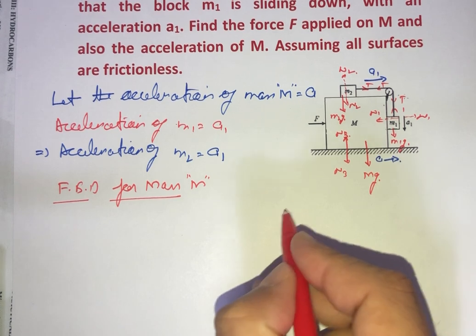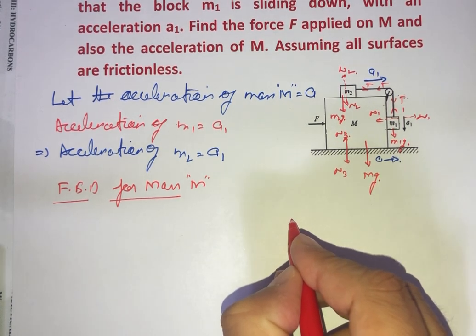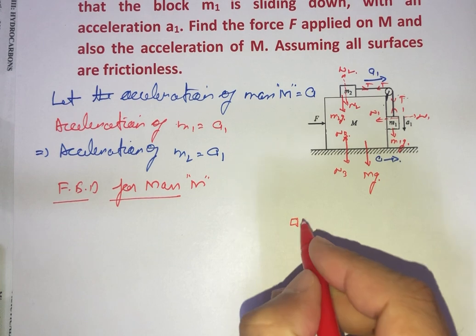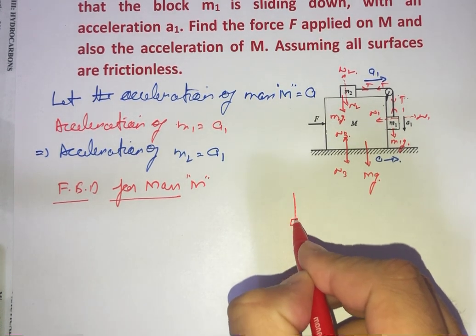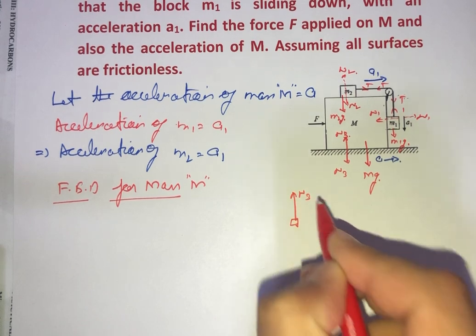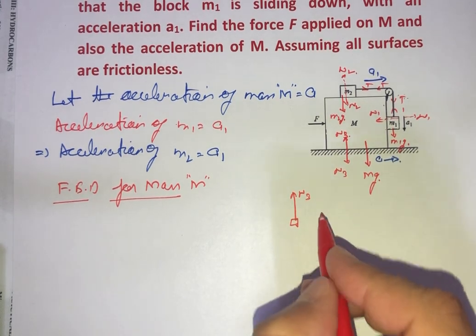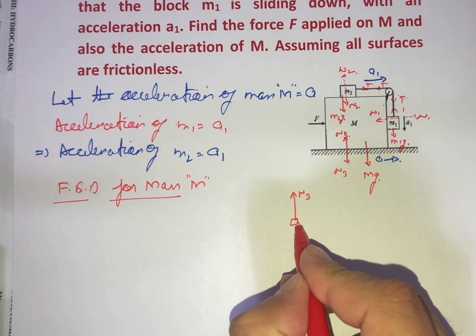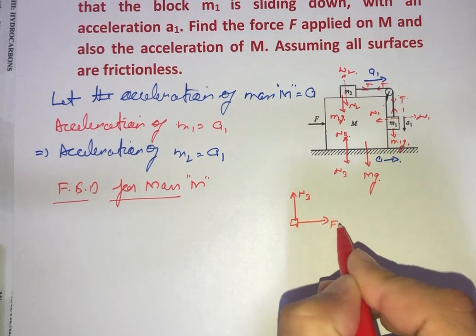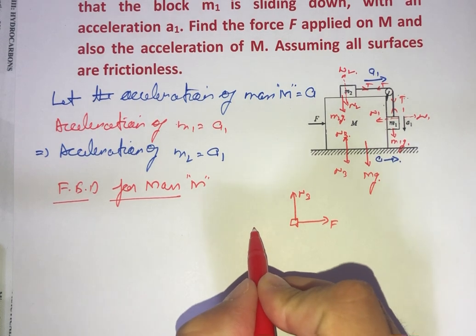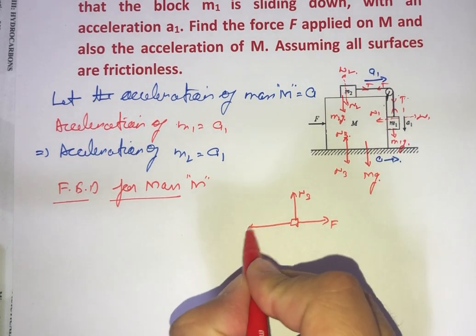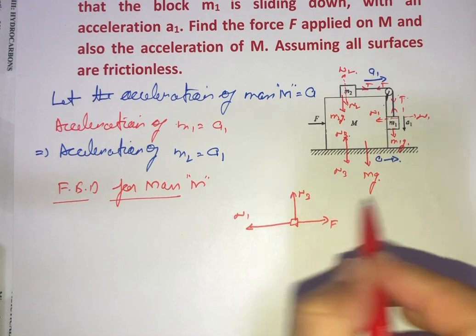So let us consider this mass M, small one. So we have N3 in the upward direction, and force F is acting in this direction, and we have two forces opposing it. One is N1 and the other one is the tension.